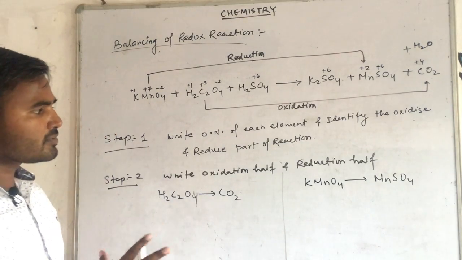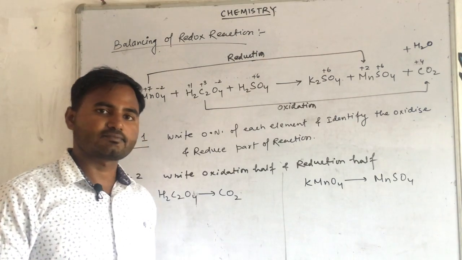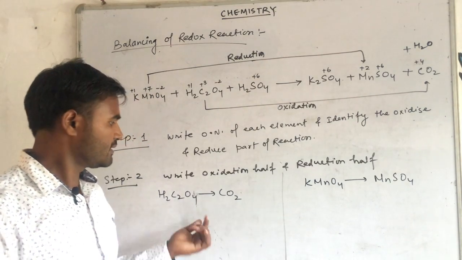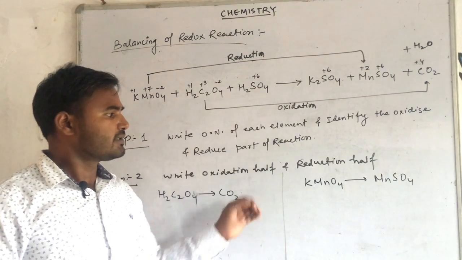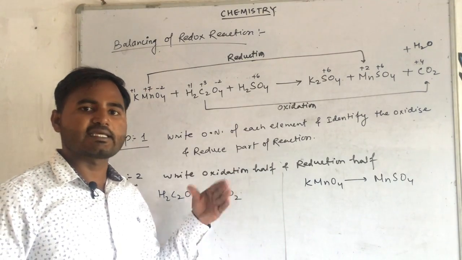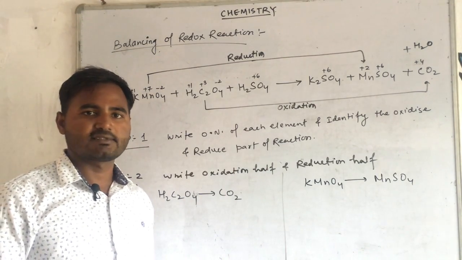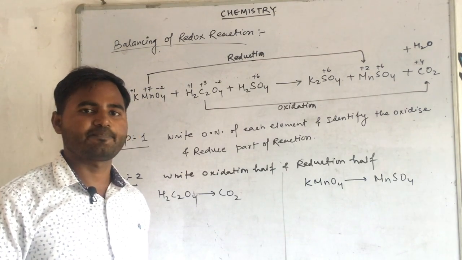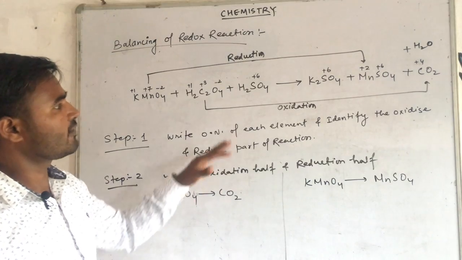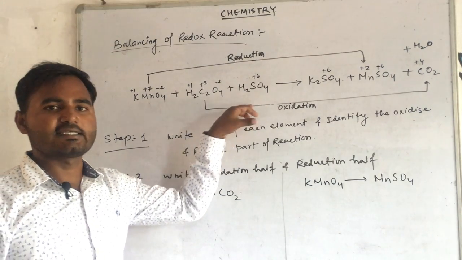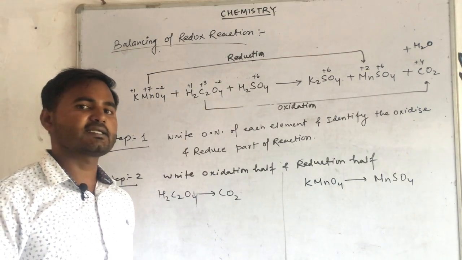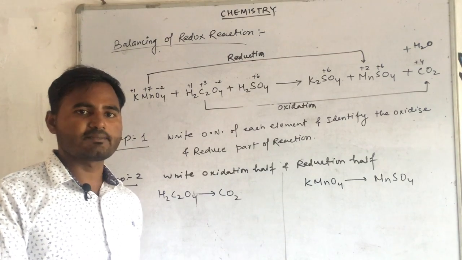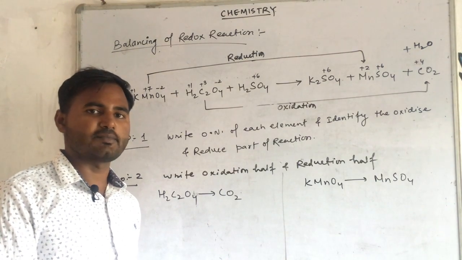Now before coming to step 3, I am going to tell you something. This reaction can be balanced in two mediums, first acidic medium and second basic medium. But in this reaction we have already taken acidic medium. There are different rules for both mediums.